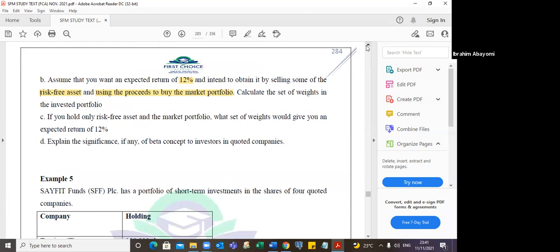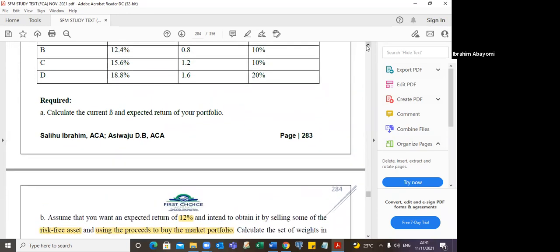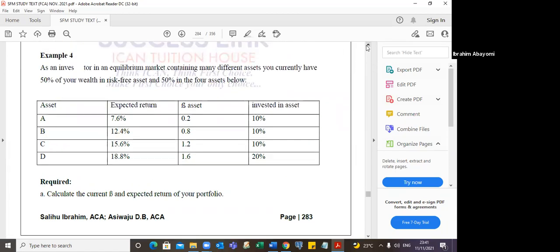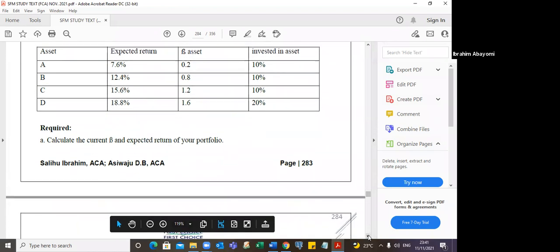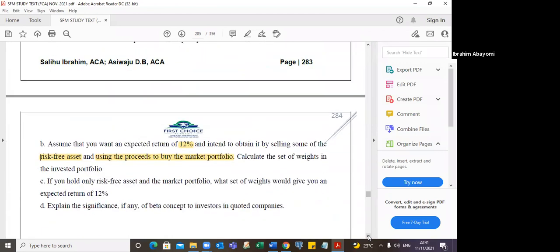I'm supposed to be given the risk-free rate. There is an omission in that question.